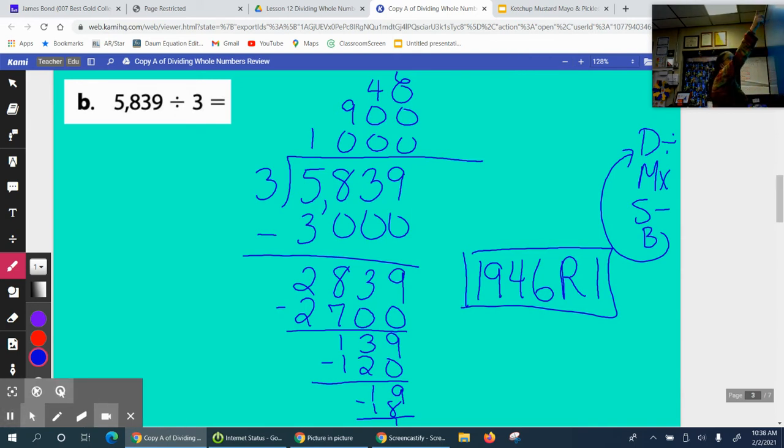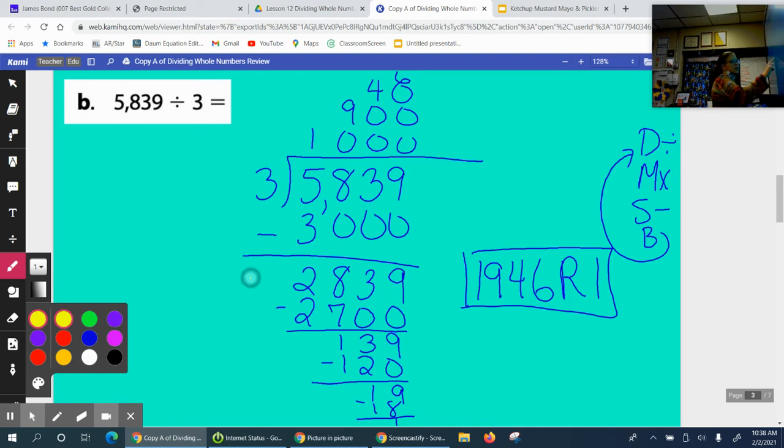Okay, they're asking me how I got all these numbers. Remember, each time I'm looking at these numbers to see how do I get close to them. Each time I'm saying, what can I divide out to see how close I can get to it? So that's when I'm at this step right here, divide.